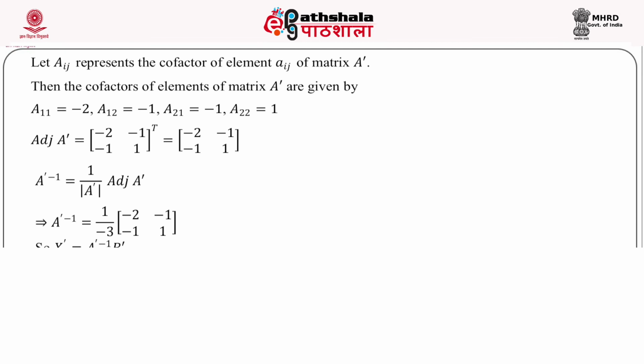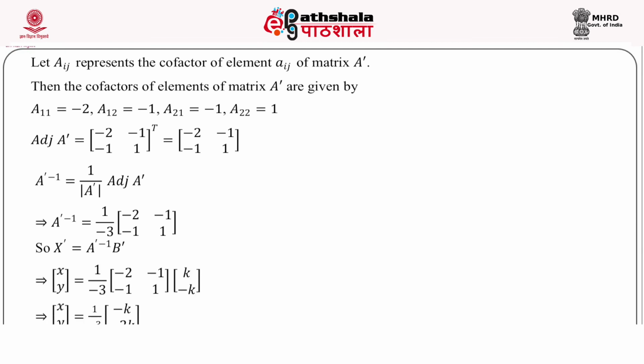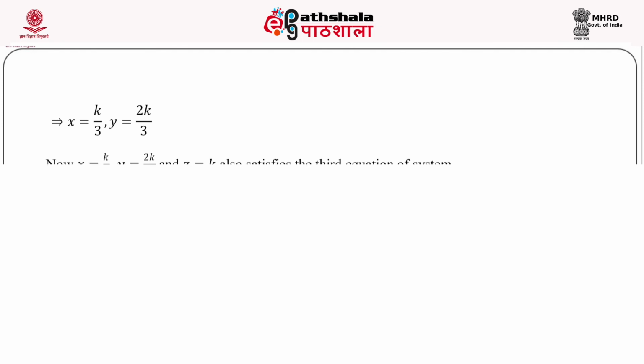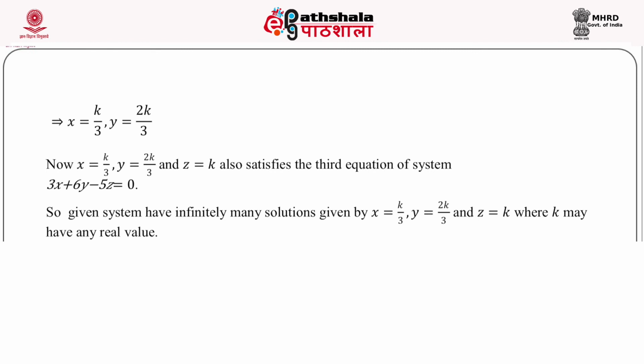Now X dash is equal to A dash inverse into B dash. So substituting the values of A dash inverse and B dash on the right hand side and simplifying the given relation, we have x equal to k by 3 and y equal to 2k by 3, and z we have already assumed is equal to k.